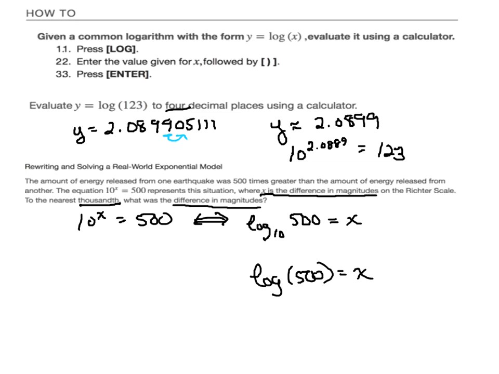Now you can put that into your calculator. Log of 500 is approximately 2.699, since I'm rounding.